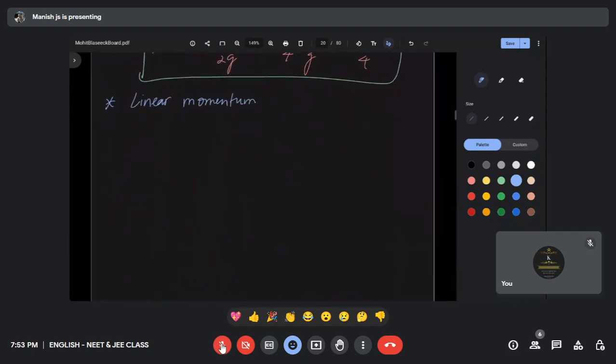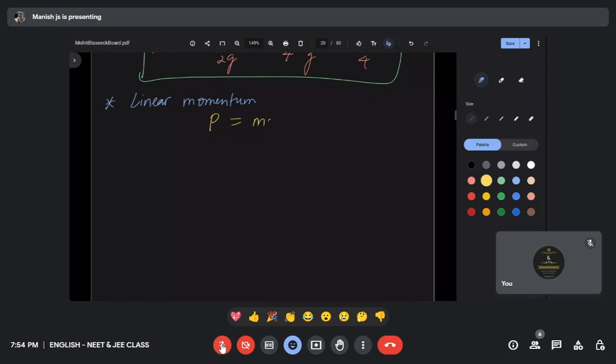Say, now moving on to the next part. So we are looking at the linear momentum relation. So the linear momentum of the projectile at a point of projection, we can take any general point. This is a formula that all of us know, momentum. We have been studying it right from grade 9. So the linear momentum formula is given by P is equal to m into v, the product of mass and velocity v.